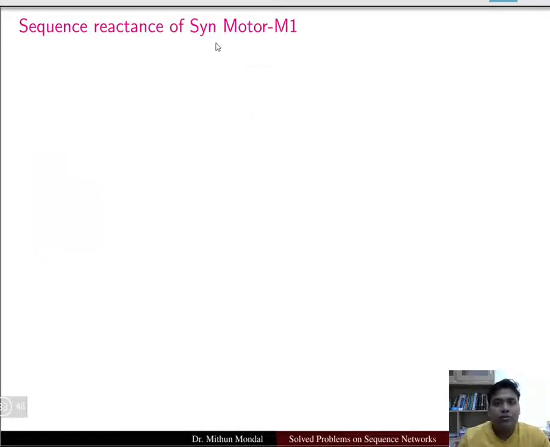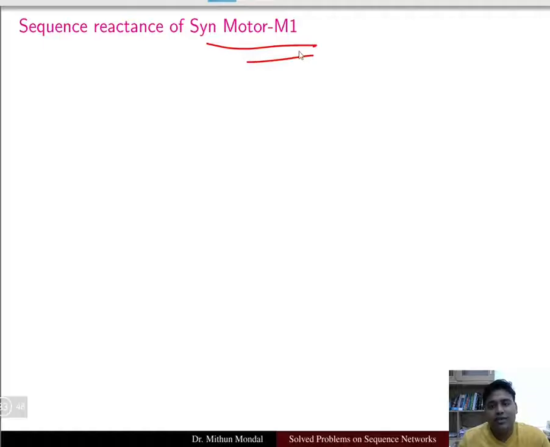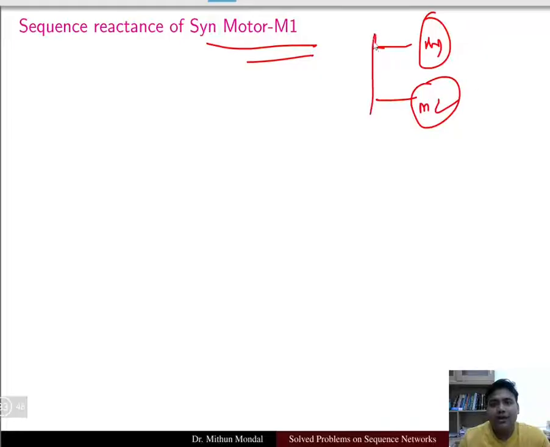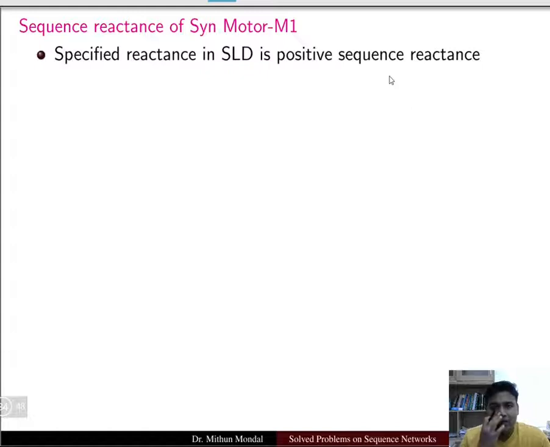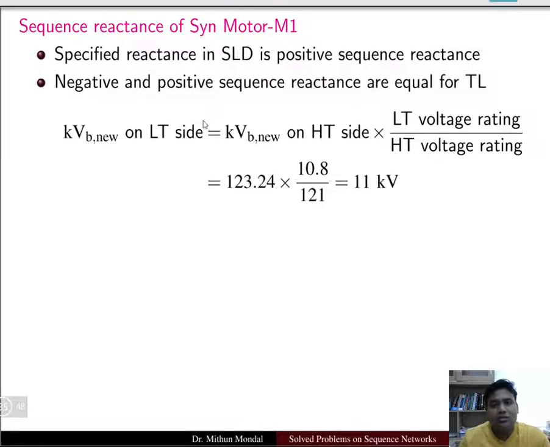Now we will obtain the values for the synchronous motor M1. We have seen that two motors, M1 and M2, were connected in parallel with a transformer on this side. The reactance specified on the single line diagram is the positive sequence reactance, and due to the presence of a transformer, we have to change the voltage base on the low tension side of the transformer.